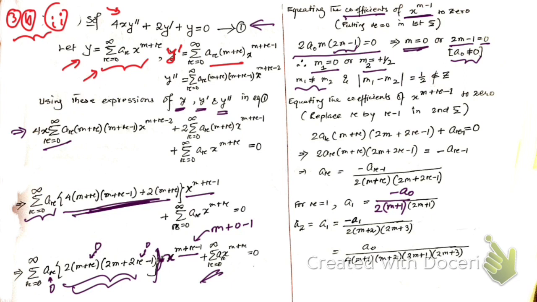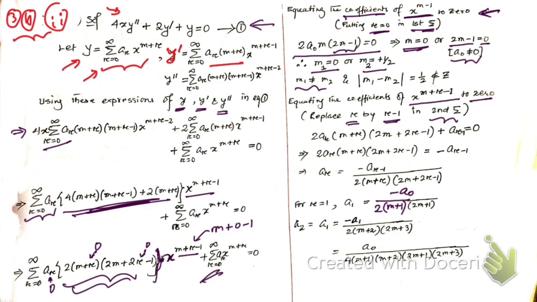Then again, equating the coefficient of x to the power m plus r minus 1 to 0, we need to replace r by r minus 1 in the second summation. When we were equating the coefficients of x to the power m minus 1, we put r is equal to 0 in the first summation.